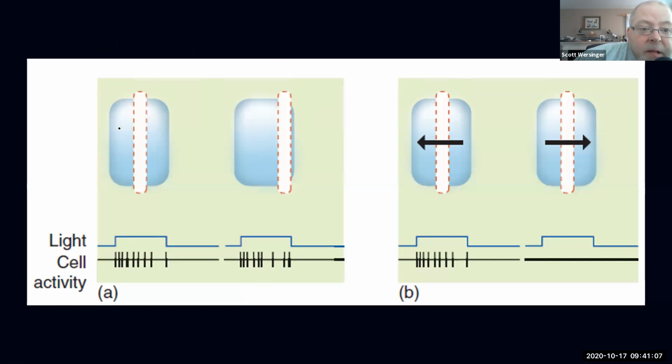Here we've got the whole receptive field. If we have a bar of light in that orientation, we get action potentials. If that bar of light is anywhere in the receptive field of that cell, we get an increase. Okay.